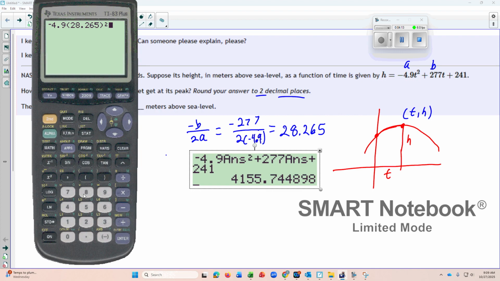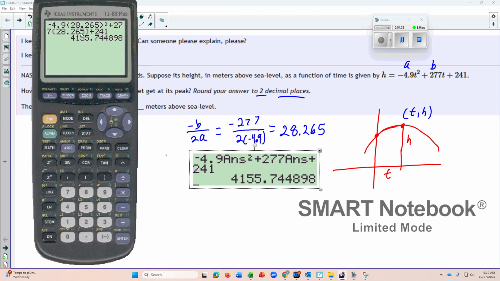Then plus 277 times 28.265 again. And then plus the 241. All right, let's see. Oh yep, that was good. It pretty much gave us the exact same answer.